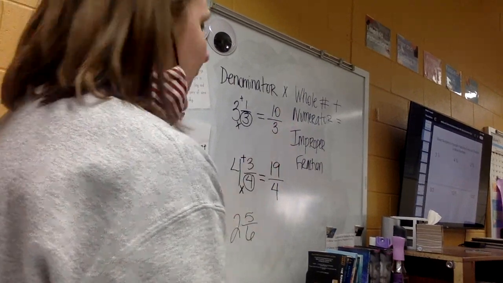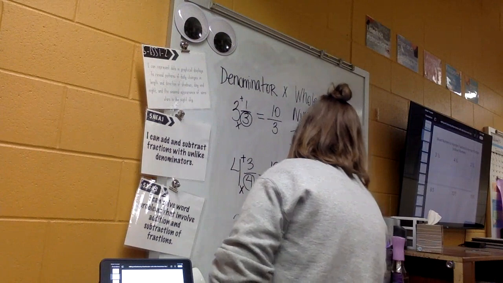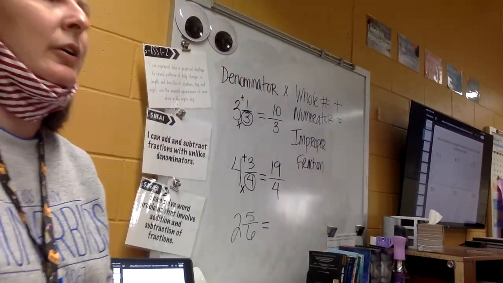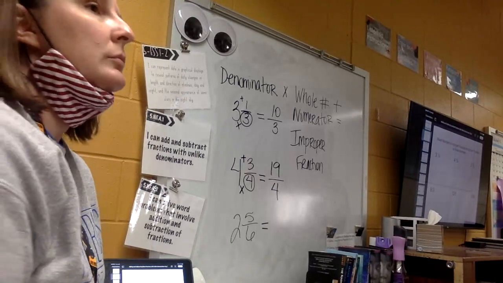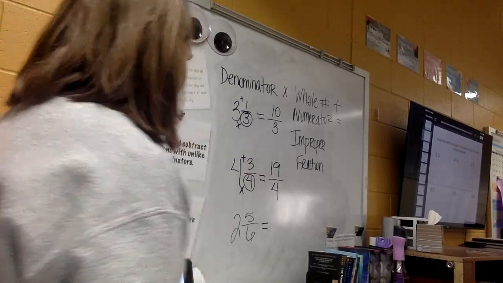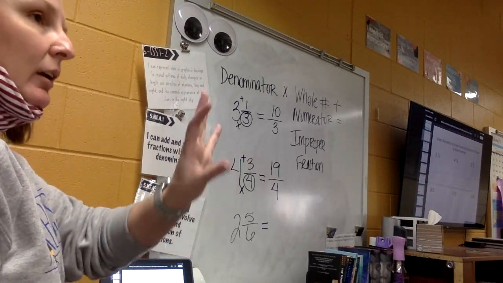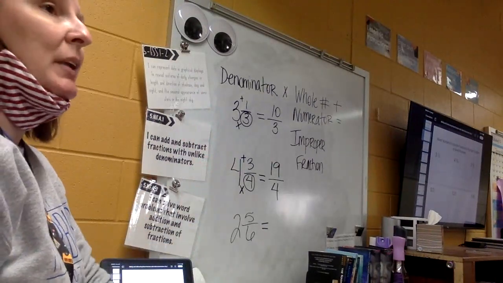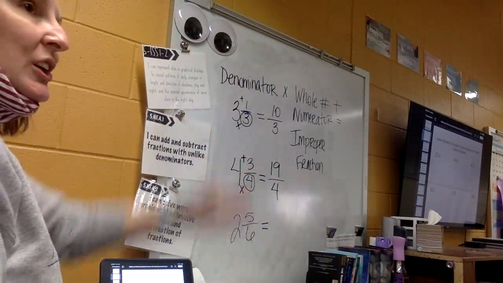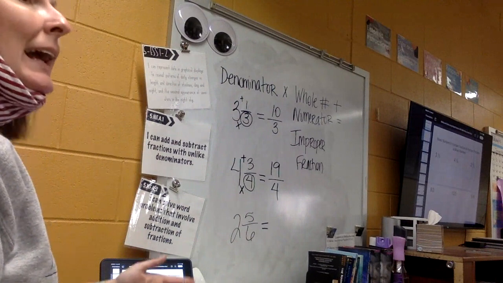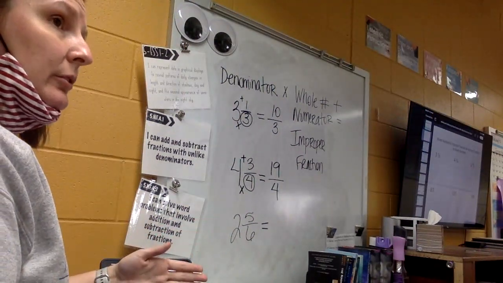Stop. 2 and 5/6. So I need to make that into an improper fraction. Who can tell me how to do that? Aiden, what do I do? You multiply your denominator by your whole number. I have to multiply my denominator, which is 6, times my whole number, which is 2, and I get 12.